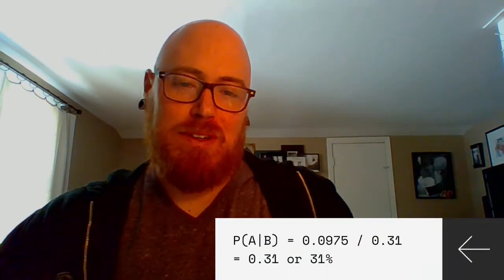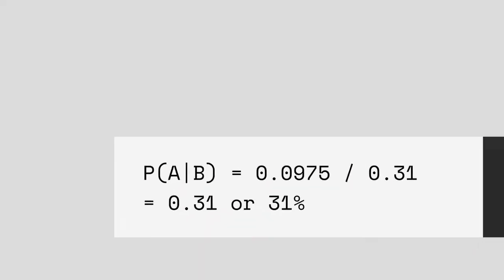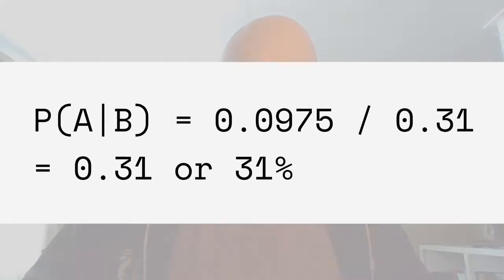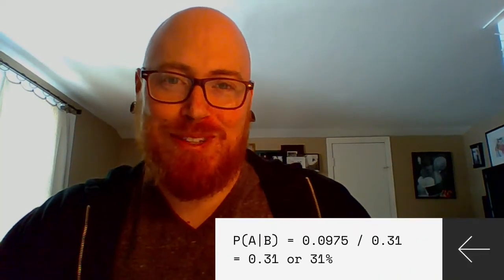Notice that the probability of A given B is approximately equal to the probability of B. So that 31%, I rounded, the probability of having strep throat given a positive test is pretty close to the chance of just having a positive test regardless of whether or not you have strep throat.